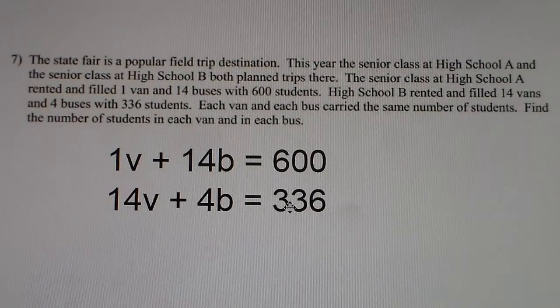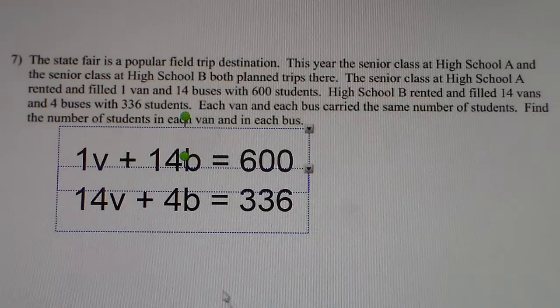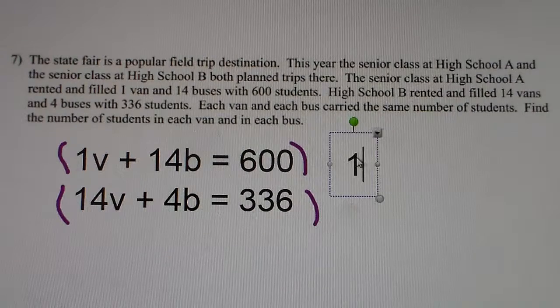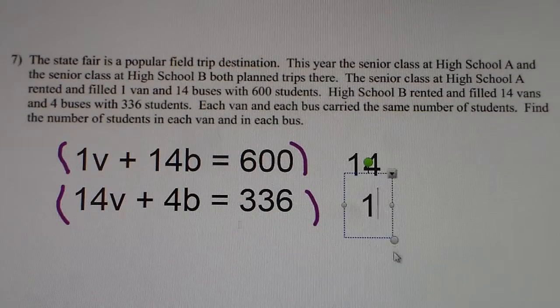So what we could do, not one variable solved by itself, so I'm not going to use substitution. Elimination, I'm not going to use that either because nothing could be eliminated right away. So I'm going to do combinations, the last thing that we talked about. I put my parentheses in right away so I don't forget. We have 1 and 14, so it'll be 14 up top, 1 down below. This is positive, positive, positive, positive, so I need to make one of them a negative.